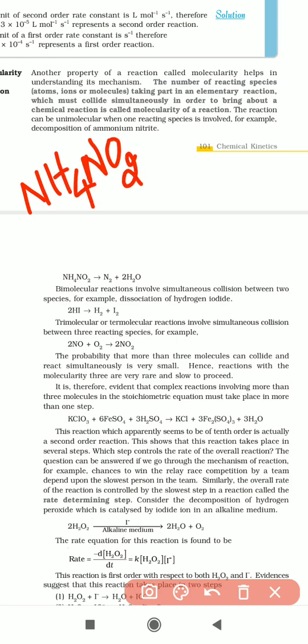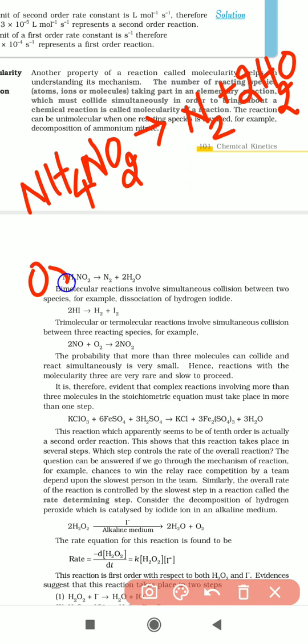For example, if you take ammonium nitrite, NH4NO2, it decomposes to form N2, nitrogen, plus 2 moles of water. So what is the molecularity of the reaction and the order of reaction? We already saw order of reaction yesterday. How do we calculate it? How many moles are there?